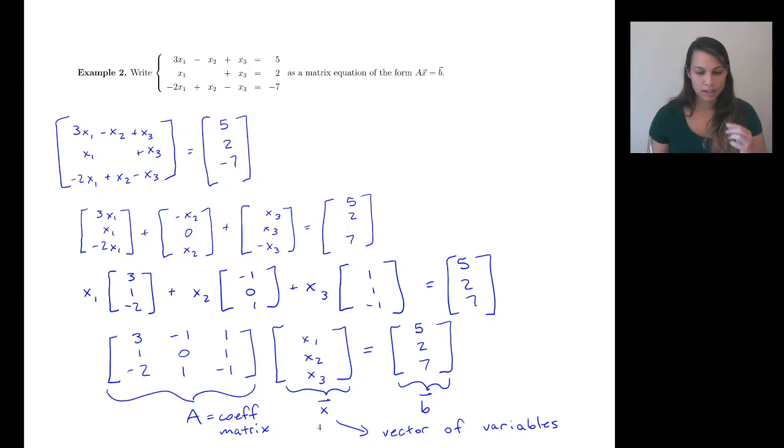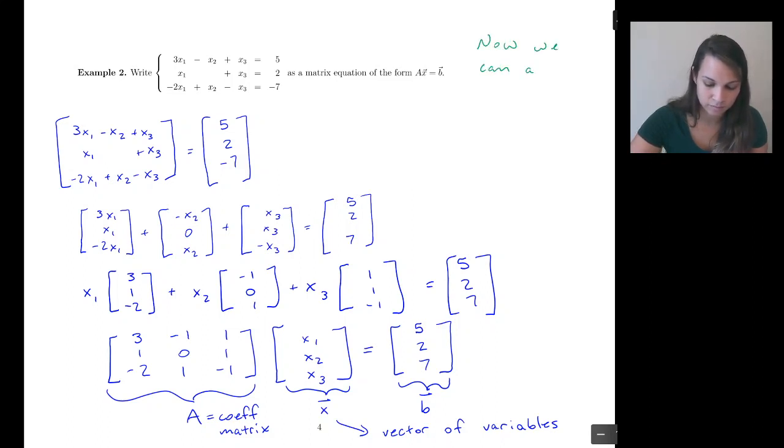Now, what we can do is, instead of asking what is the solution to this system of linear equations, we can ask, does there exist a vector x such that Ax equals b is true?